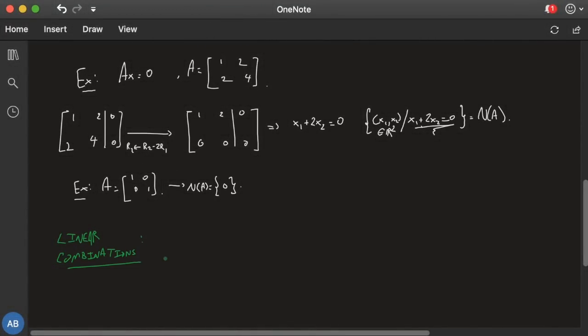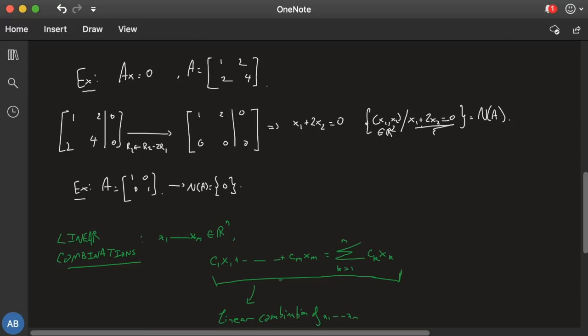If your set of vectors, let's say x1 down to xm, fall in Rn, then the expression c1x1 plus down to cmxm, or you can write it as the sum over k going from 1 to m of ck xk, is said to be a linear combination of x1 down to xm for a given choice of c1 down to cm.